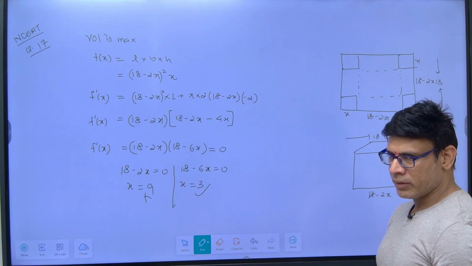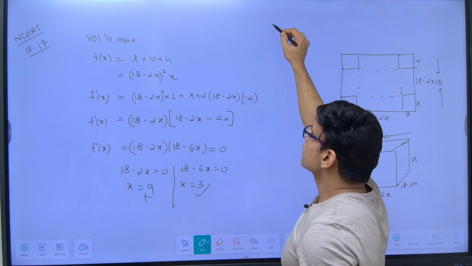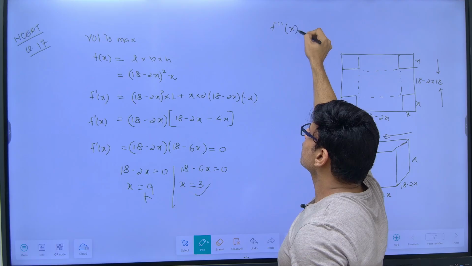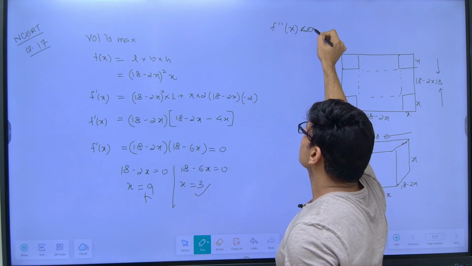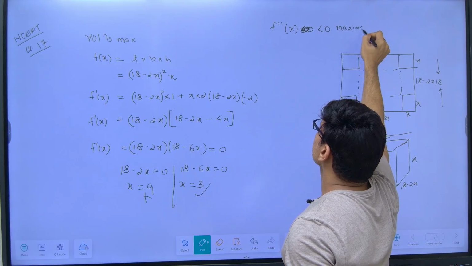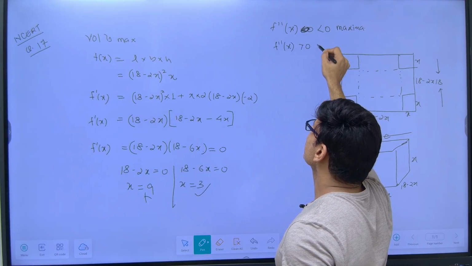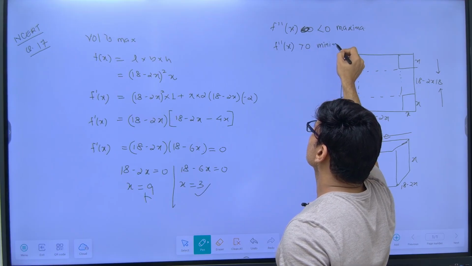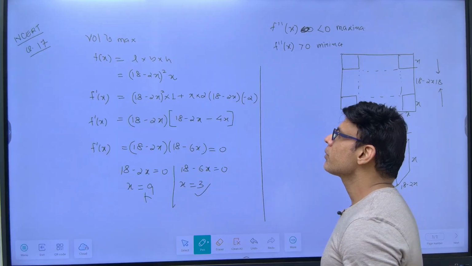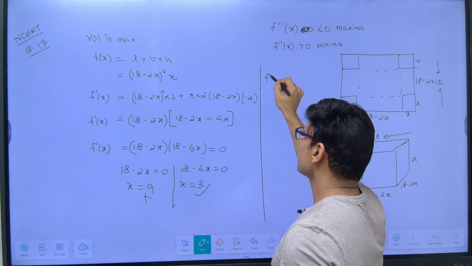To verify whether this function has maxima or minima, you have to do the second order derivative. If the second order derivative is less than 0, that means the function has maxima. And if f double dash x is greater than 0, the function has minima. This is to show them. What you have now, you have to differentiate again.